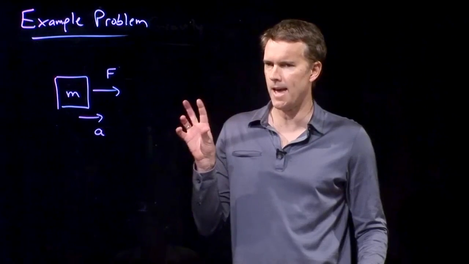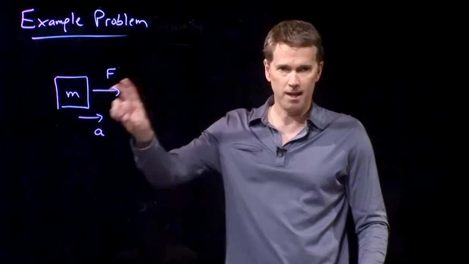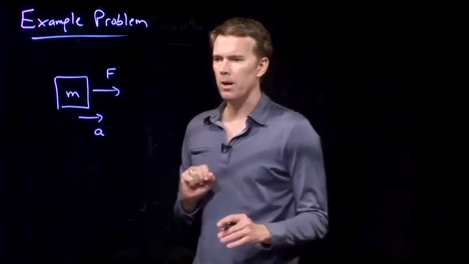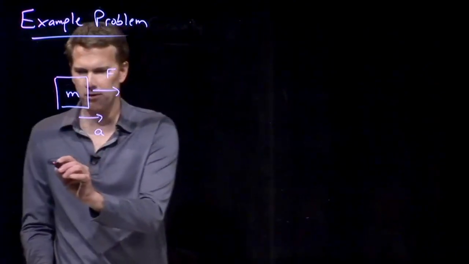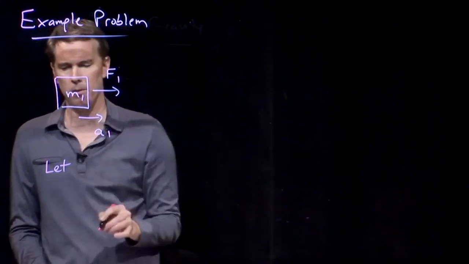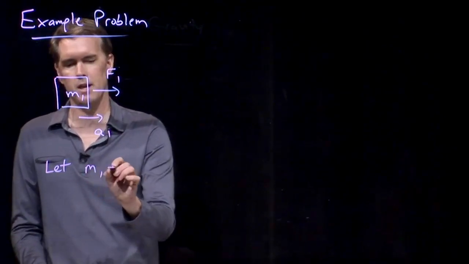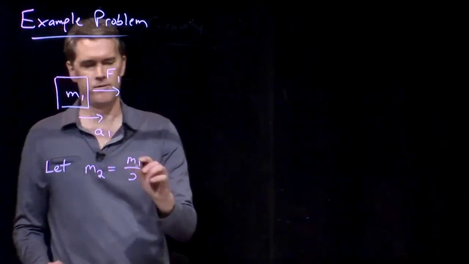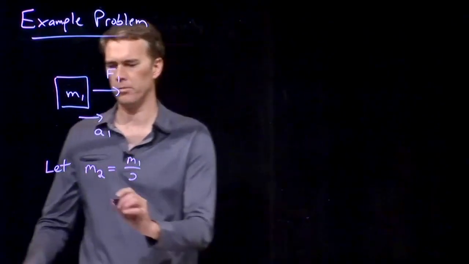Here, let's take a look at an example problem where we apply a force to a mass and it accelerates at A. And then we are going to cut the mass in half. So this is M1, F1, A1, and now we're going to say that M2 is half of the mass that it was before.